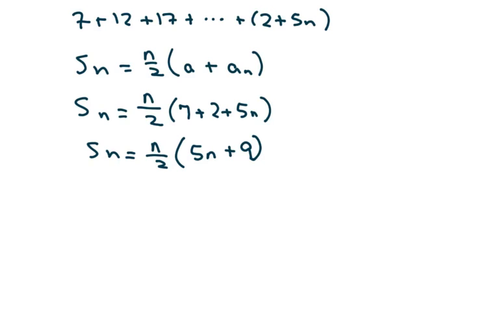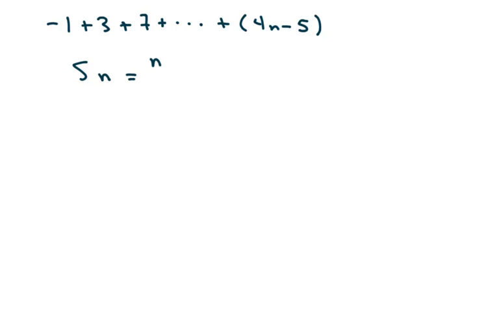Now, the next one is going to be negative 1 plus 3 plus 7 plus dot dot dot plus 4n minus 5. So we're going to use S of n is n over 2 times your first term plus your last term.